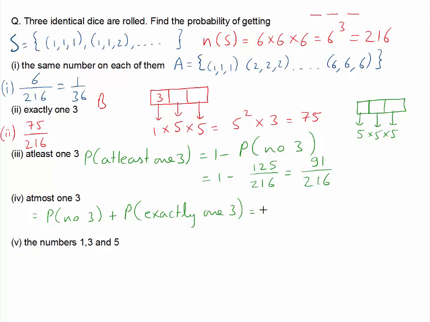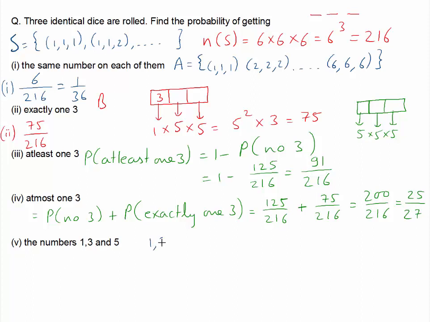So the answer would be the probability of no 3, which is 125 divided by 216 as we just saw, plus the probability of getting exactly one 3, which is 75 divided by 216. So that would be 200 divided by 216, which is equal to 25 divided by 27.